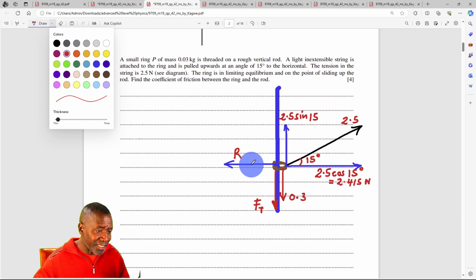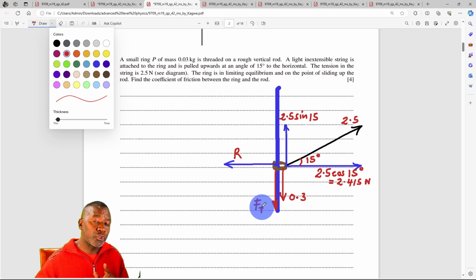For example, we can say that this force here, 2.415 newtons, is equal to R. I've already worked out 2.5 cos 15 to get 2.415 newtons, and that is why I'm saying 2.415 newtons is equal to R. The other forces which are equal will be the sum of downward forces, which is friction force, plus 0.3, should be equal to the upward force, which is 2.5 sine 15 degrees.